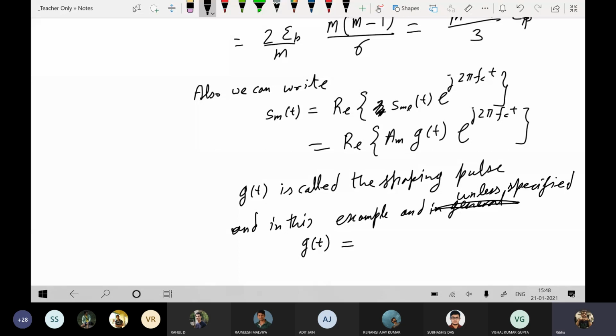The shape of this g(t) will be the point of contention in our next chapter.